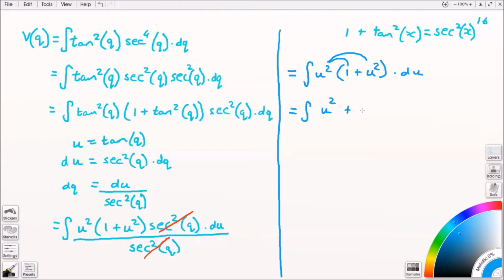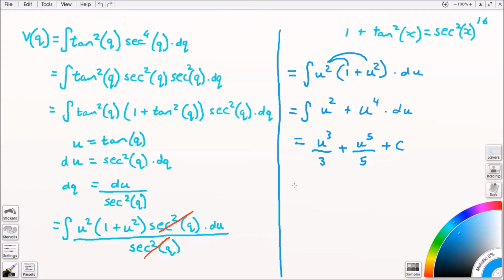So u squared plus u to the fourth dot du will equal, now we can integrate this fairly easily. It's just the reverse power rule, which is in the first 3 videos of this channel. u cubed over 3 plus u to the fifth over 5 plus c.